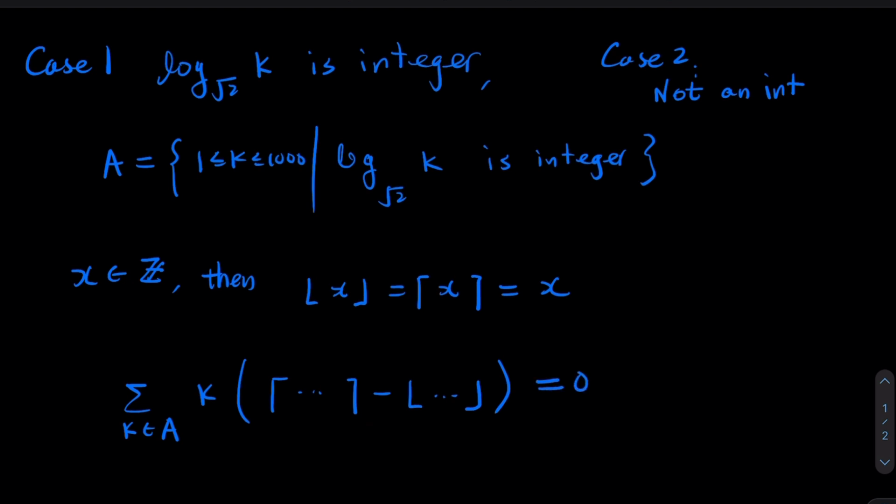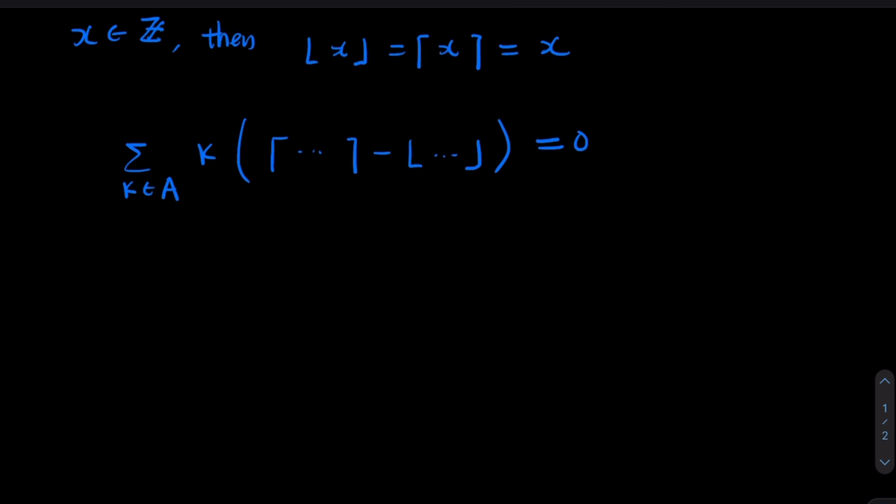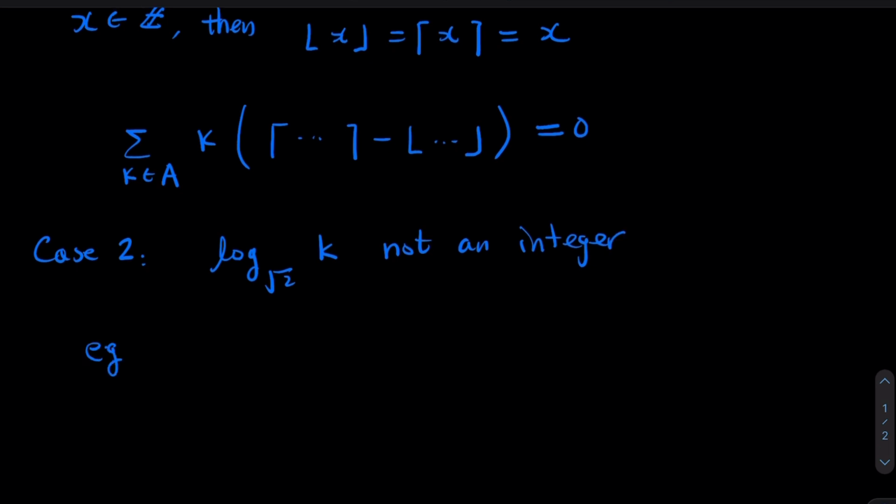Now let's work on case 2. This is when log base square root of 2 of k is not an integer, so the opposite of what case 1 was. Now let's again do some analysis on what the floor and ceiling functions will look like here. I'm going to define y to be a number that is not an integer, meaning that it has some decimal part.